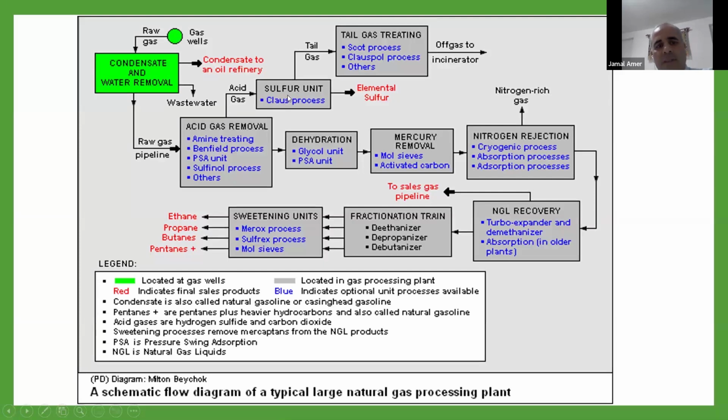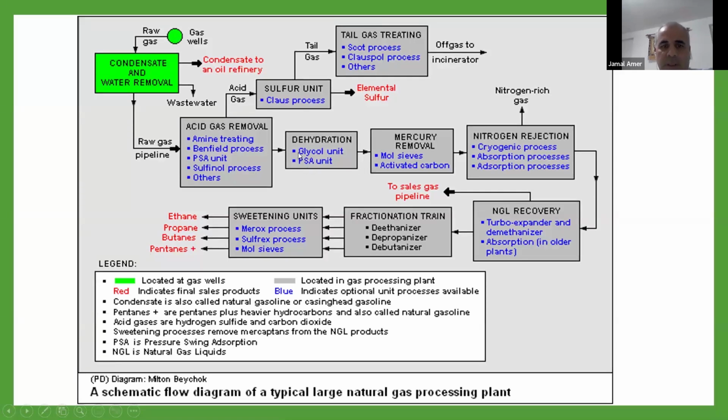If we have a high concentration, the acid gas can go to a sulfur unit to get elemental sulfur, or the gas could be sent to an incinerator. Here is the raw gas after the sweetening process.